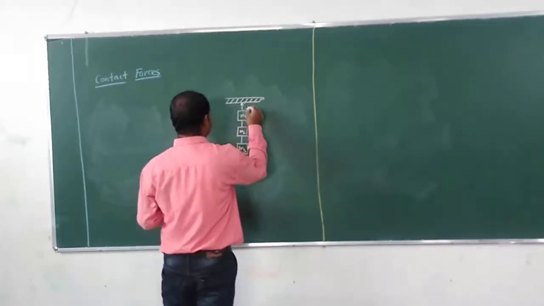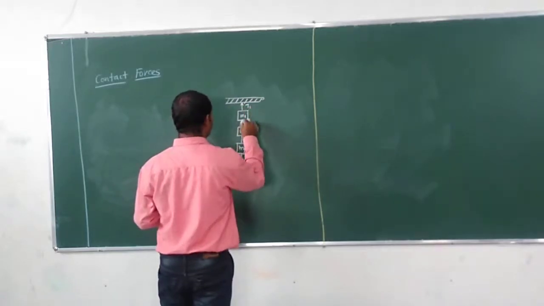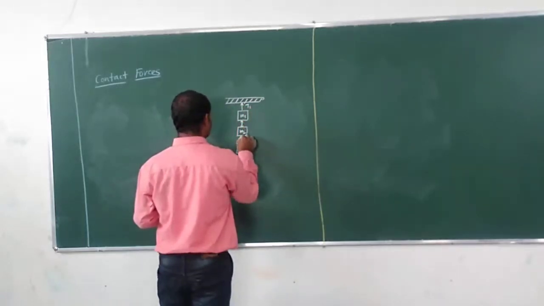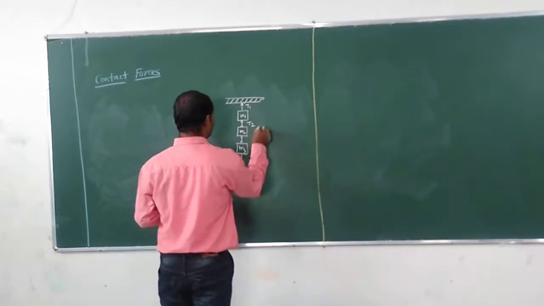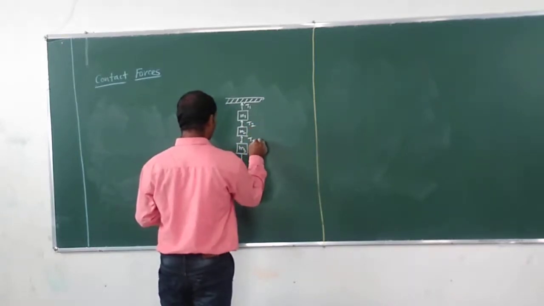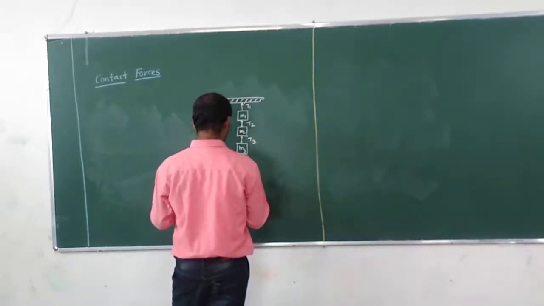तर this tensile is T1, this tensile is T2 and this tensile is T3, right?